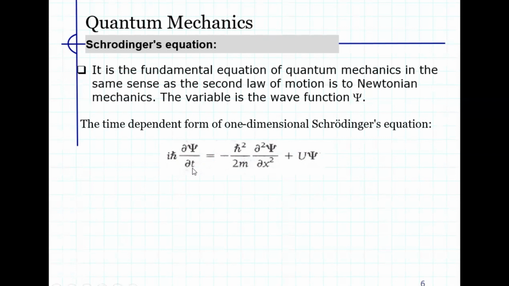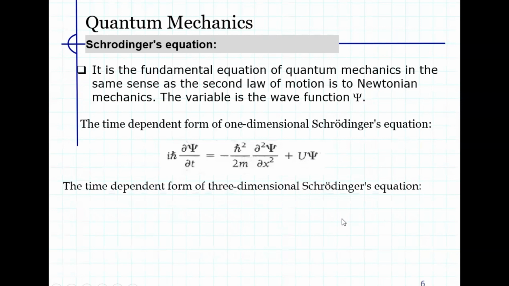The partial derivative with respect to time of psi, the wave function, equals minus h cut square divided by 2m multiplied by the second derivative of psi with respect to x, the space variable, plus u times psi. The u is the potential energy operator, and psi is the wave function.